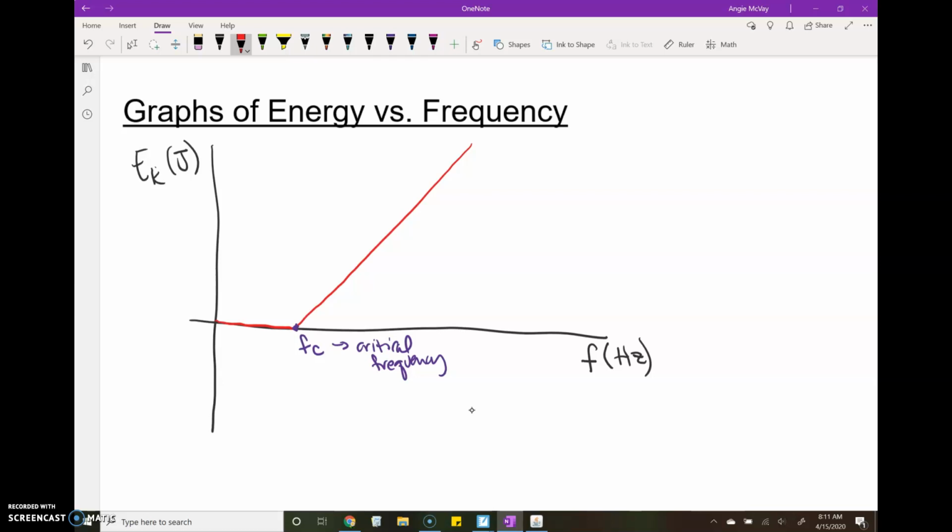If you take this linear trend and you extrapolate it downward, you'll actually get a y-intercept right here. That's negative. Okay, and this y-intercept is actually abbreviated, I know, we've seen this abbreviation before, but this time, this symbol is not electromagnetic flux. It is what's called the work function.